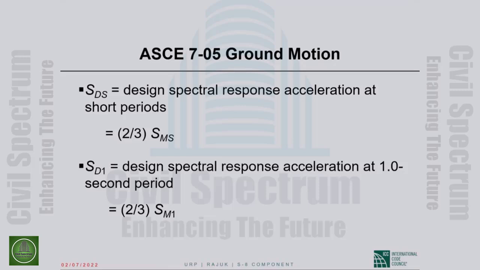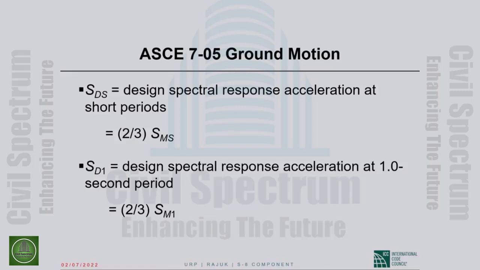Which had a 10% probability of exceedance in 50 years. So anyway, 1.5, think of that as a margin of safety available in your structure.